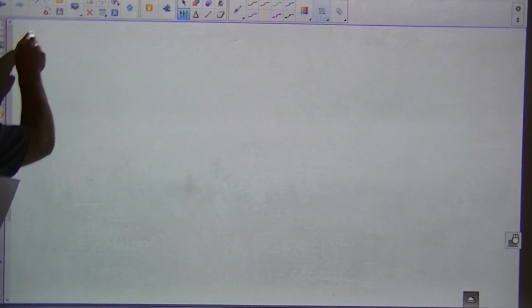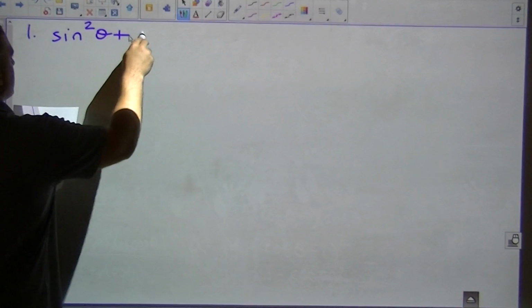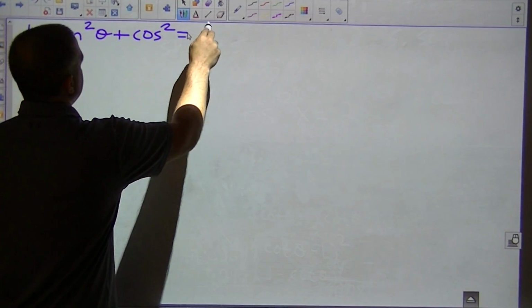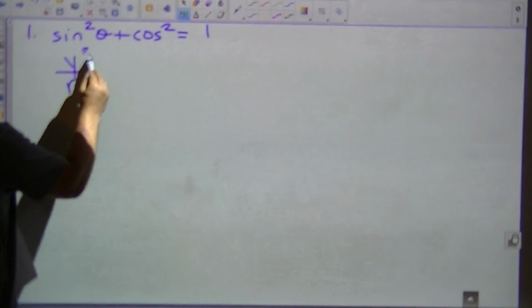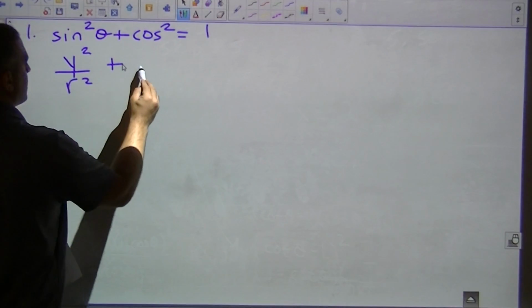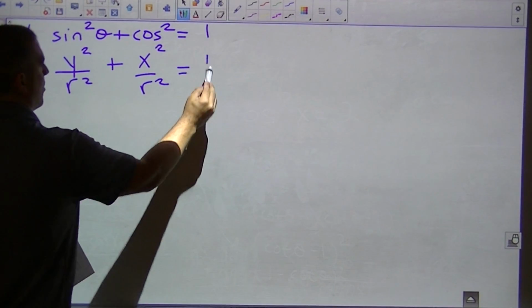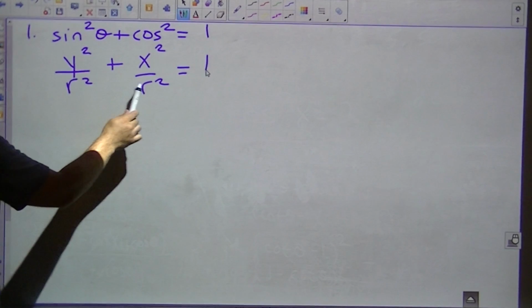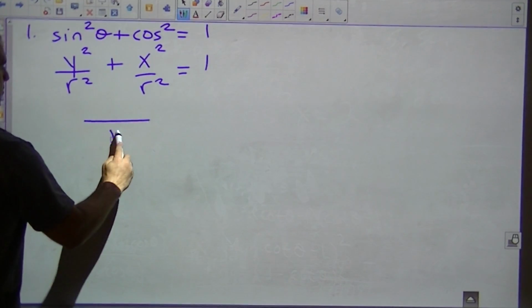You've got sine squared theta plus cosine squared theta equals 1. What you're going to do is replace sine with y over r. Since it's squared, it looks like that. Cosine will be x over r, squared. 1 is going to stay 1. Since we're adding fractions, we need a common denominator, which is nice. We already have one, which is r squared.